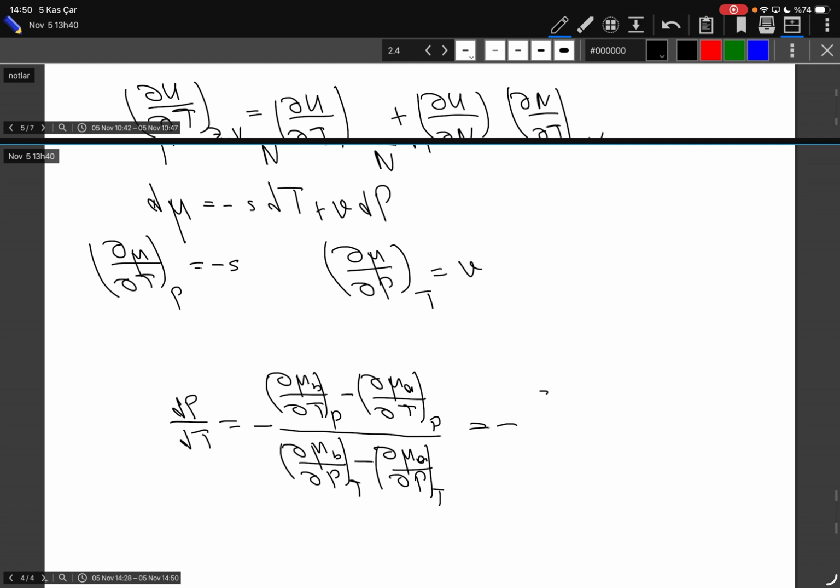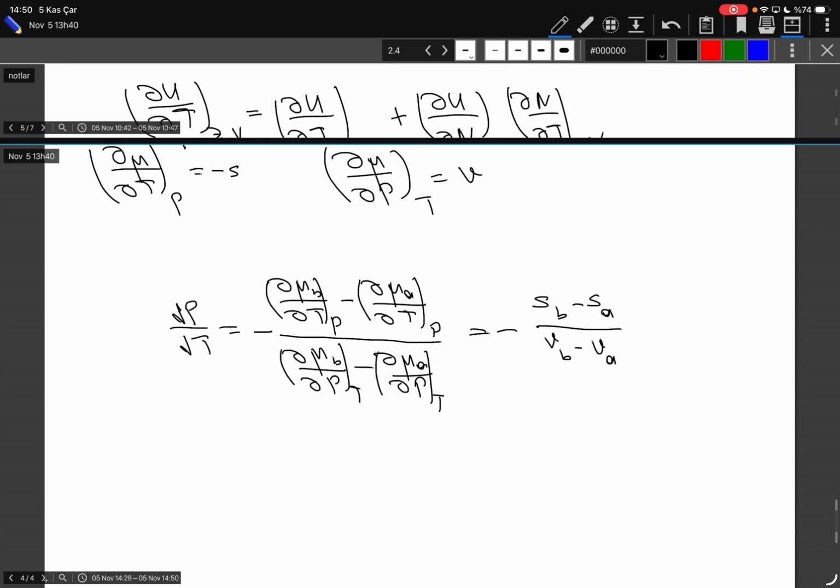So this is the entropy per particle for the B type of particle minus the entropy per particle of the A type of particle, divided by the derivative with respect to pressure, the volume per particle, VB minus VA. Or along the coexistence line, the slope of the pressure is given by, no, sorry, there's no minus sign over here, the change in the entropy per particle divided by the change in the volume per particle.